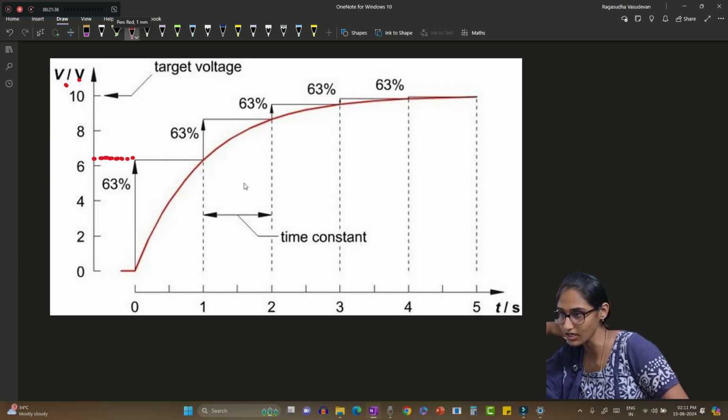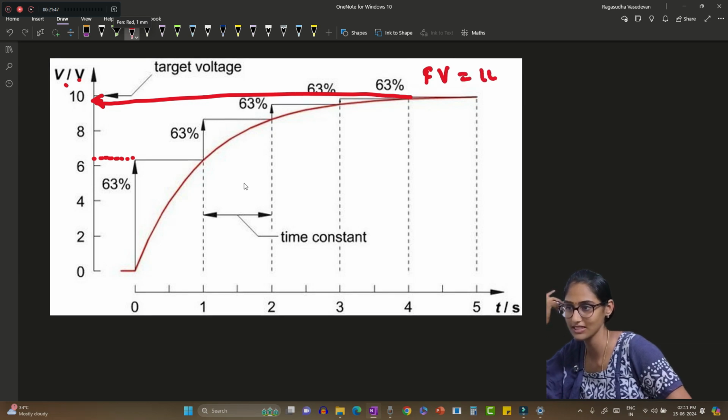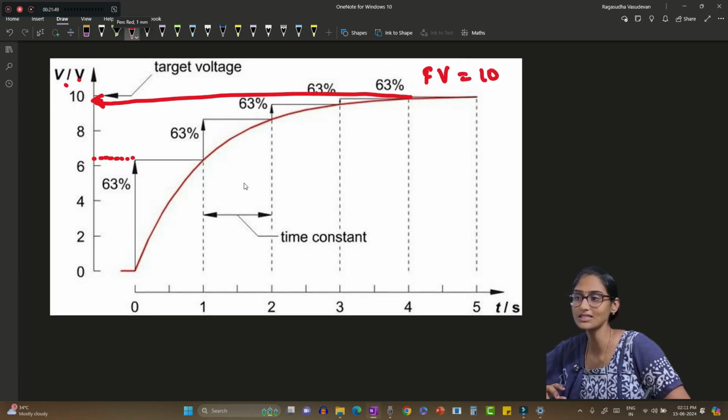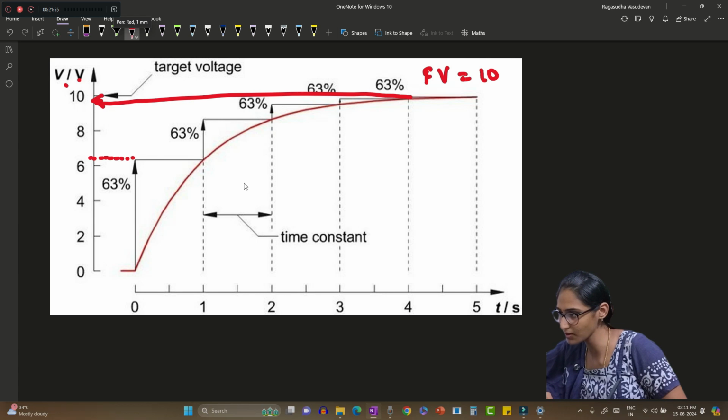So in this case, I will draw a small line. The final value, FV, is 10 in this case. What is 63.2% of 10? 6.32, right? So when does it reach 6.32? It is somewhere here.